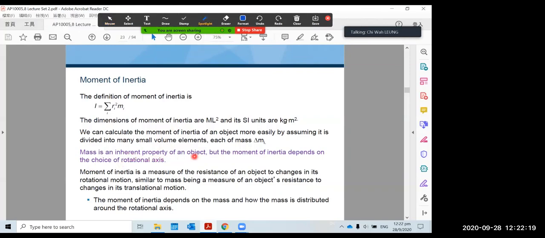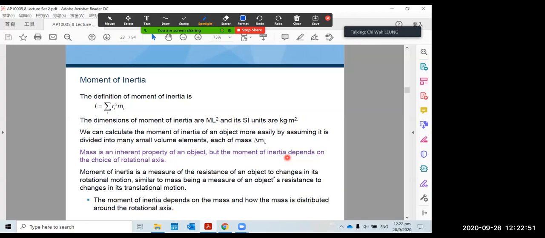It is intrinsic. It cannot be changed. You have a mass of 50 kg, you cannot change it unless you go to the gym and do exercise. But the moment of inertia depends on how you choose the rotational axis. So for the same mass of the object, moment of inertia could change depending on how you choose to rotate it. That is an important point.